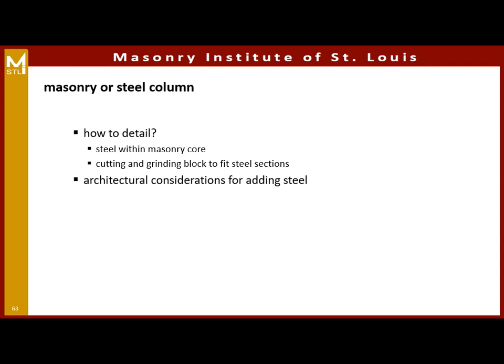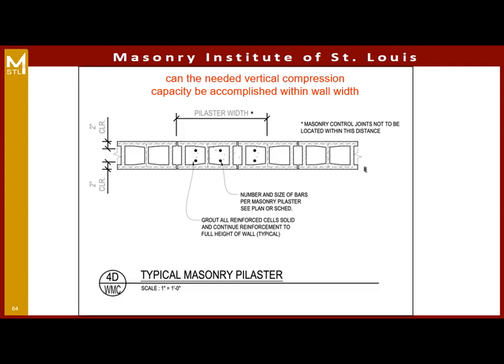Usually we're thinking about a square HSS member at that point. So not only are we limited on size, but a lot of times we run into issues with constructability as far as what is there first, and do we need to cut and grind blocks to get those steel sections to fit? So there are other architectural considerations as well when we're adding steel into our masonry.